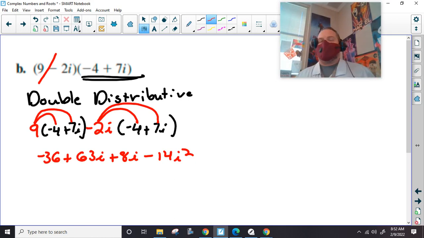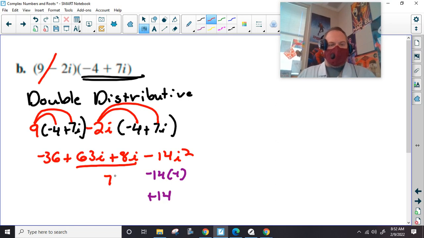Now, look, when we're combining like terms, what did we just learn that i squared is? Negative 1. So what this negative 1 does is it changes this whole sign right here. So this part would be 71i.